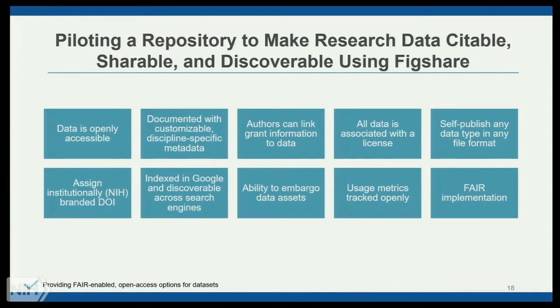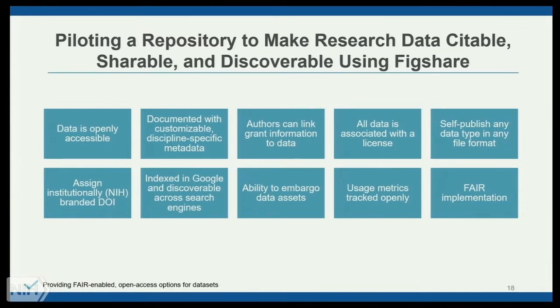This pilot will assign an institutional object identifier to each data set. We will develop domain-specific metadata templates for research data. We'll tag that data so that it can be searchable in common search engines like Google or Bing. We'll make sure you can link your grant information to your data so that you get credit for the data you're sharing. You'll be able to embargo data if you need to.